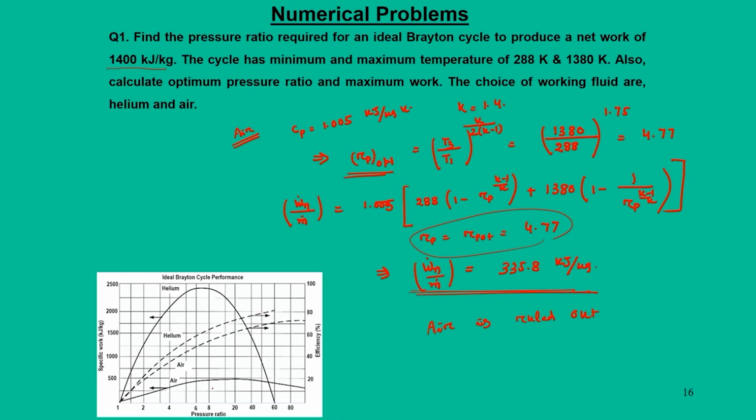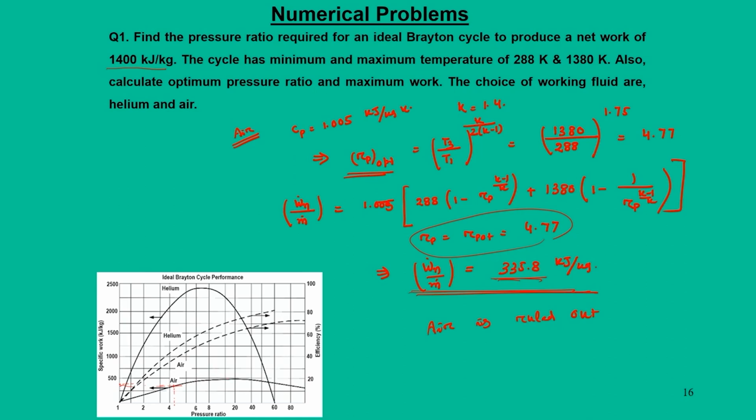These particular things we can also verify graphically. If you look at this graph, for a pressure ratio of 4.77, somewhere close to 5, the possible value of specific work we can read off is close to 335, and there is no possibility that with air we can have specific work beyond this value, that is 500.